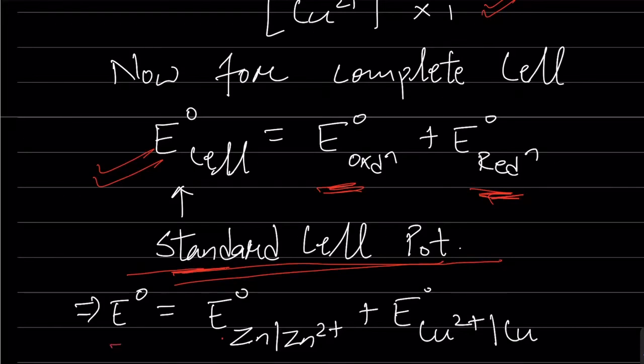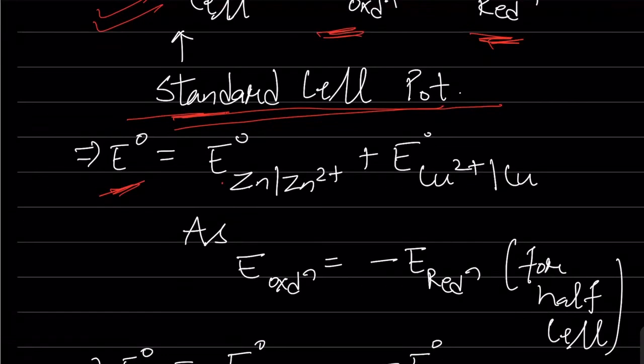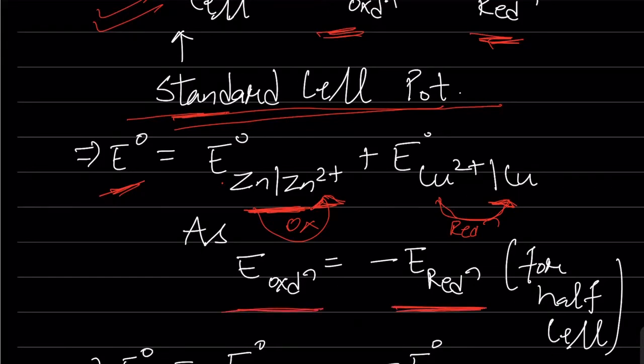So how do we write it? This implies E naught equal to, look, oxidation is shown, zinc is going to zinc 2 positive, and look here, reduction is shown, copper 2 positive is going to copper atom. So this is obviously the oxidation potential and this is obviously the reduction potential. And we know very well the oxidation potential is the inverse, meaning the negative, of the reduction potential for a half cell.